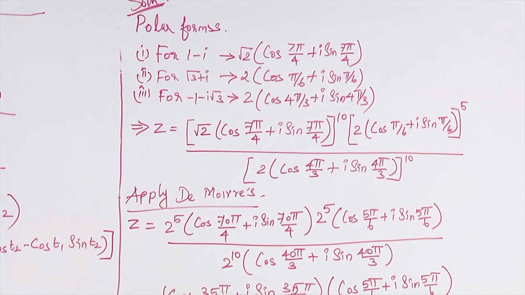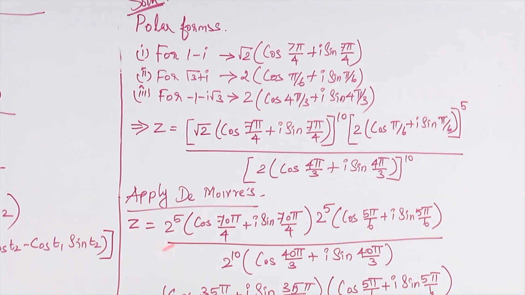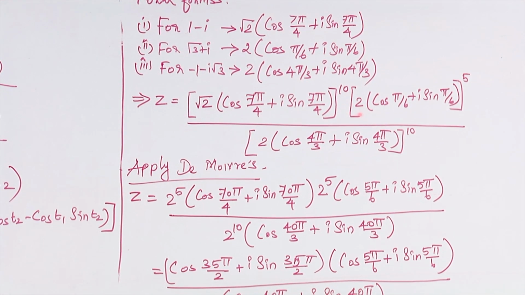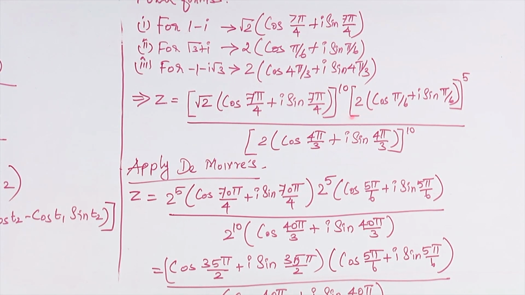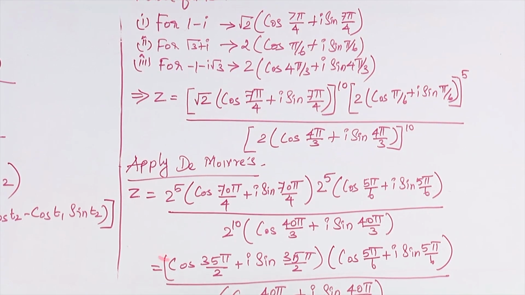It is nothing but cos theta plus I sin theta the whole power n means cos n theta plus I sin n theta. The argument is multiplied by n, and then here it is 2 power 5. So the radius is put to the power of 5, and then for cos pi by 6 plus I sin pi by 6 you just multiply by the power. So 5 pi by 6, and here also 5 pi by 6, and likewise in the denominator.